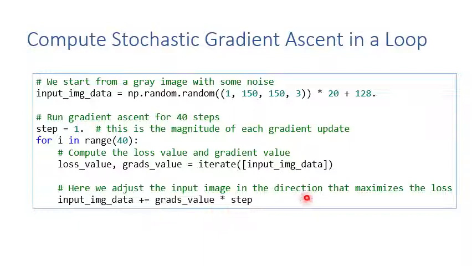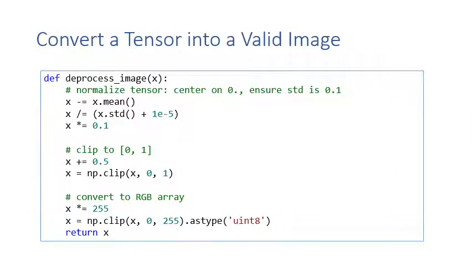In gradient ascent, we want to maximize the loss. Because the gradient ascent will generate an image that is out of the range of a normal image, we need to deprocess the image. So for an input tensor, we first normalize the tensor, remove the mean and divide by standard deviation.